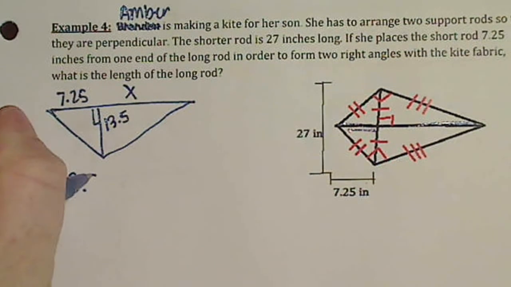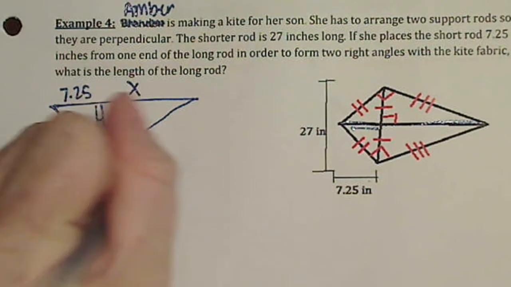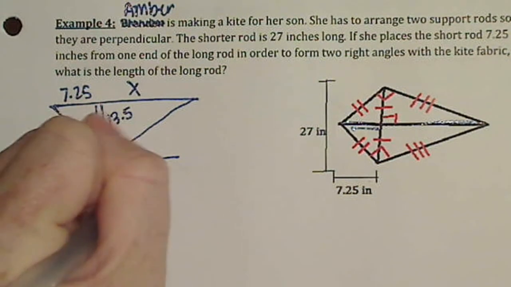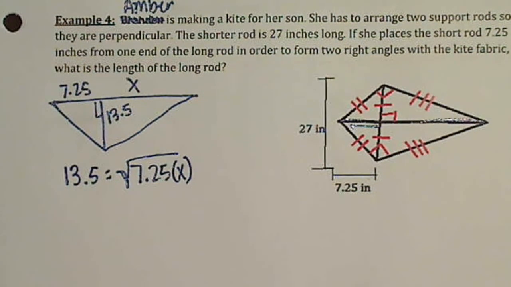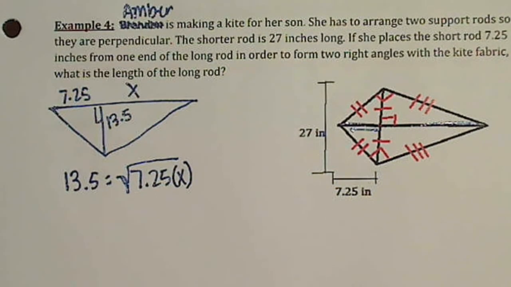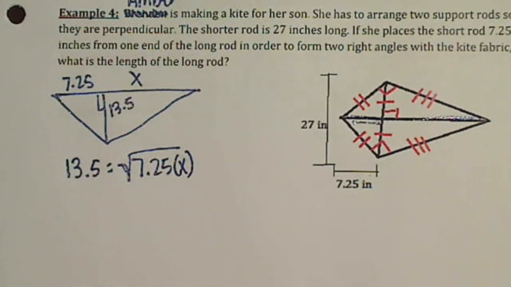So 13.5 equals the square root of 7.25 times x. This is Theorem 8.2 that we're using. How can I solve for x? Well, I got a square root, so what's the opposite? The opposite is squaring, so I need to square 13.5.